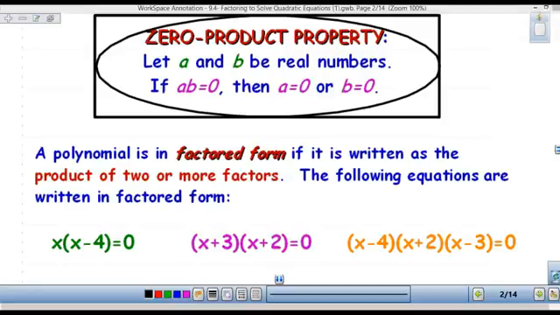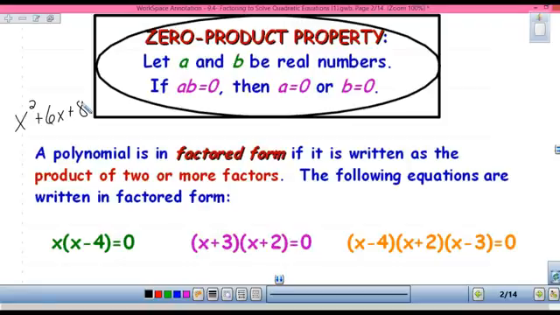So, if you remember, if I had x squared plus 6x plus 8, if we're looking for solutions to our quadratic, what are we looking for? We are looking for where it crosses the x-axis.